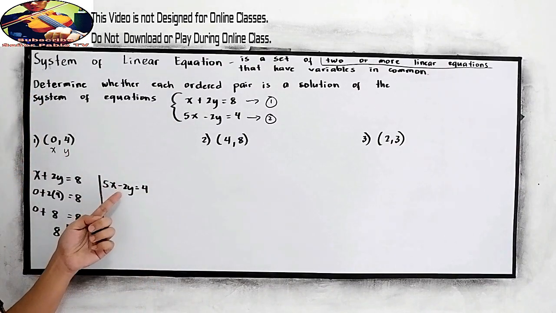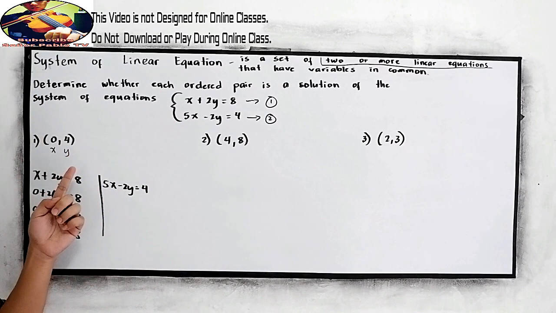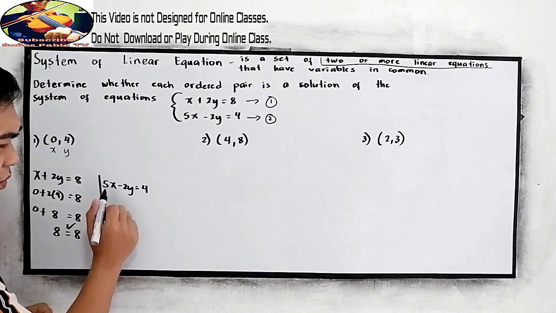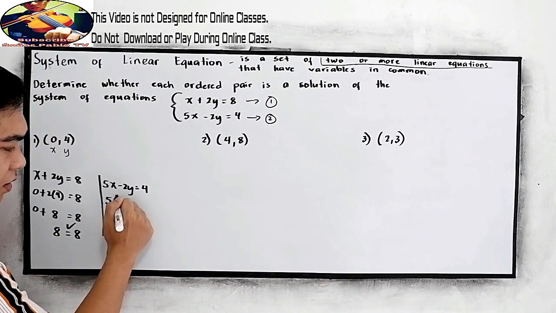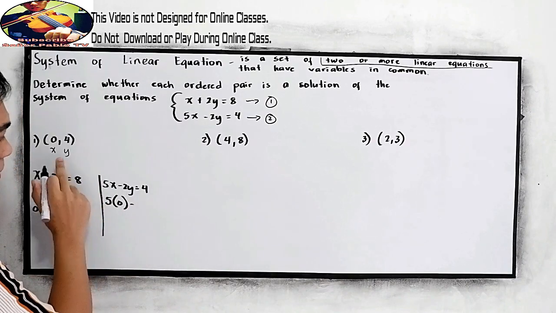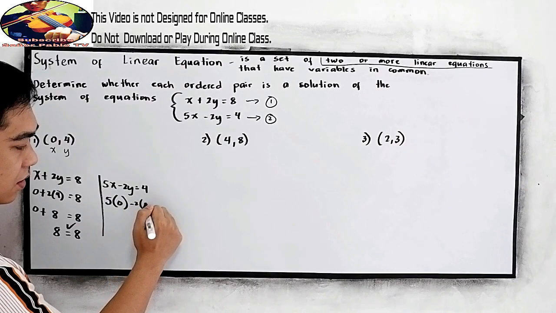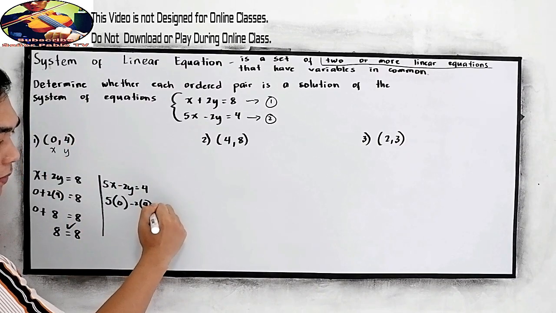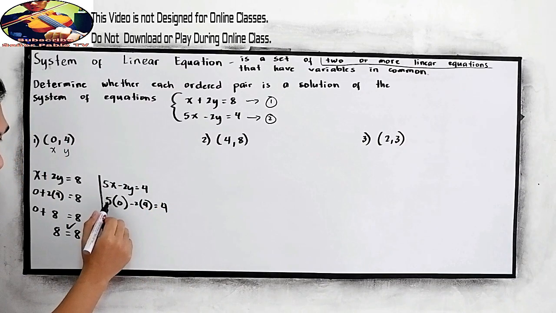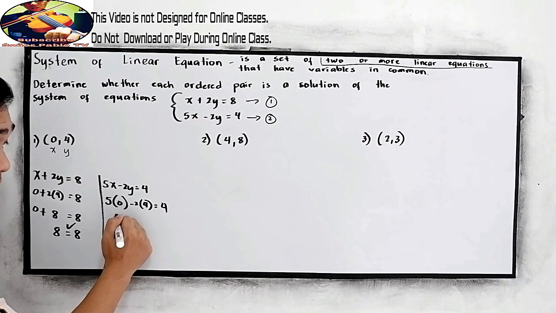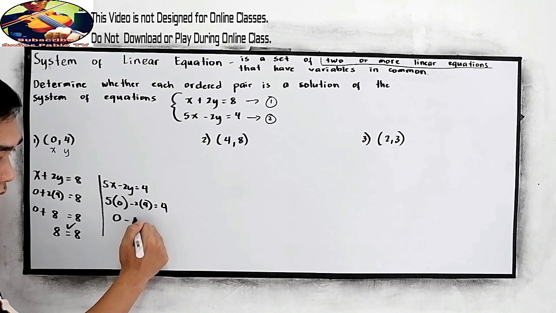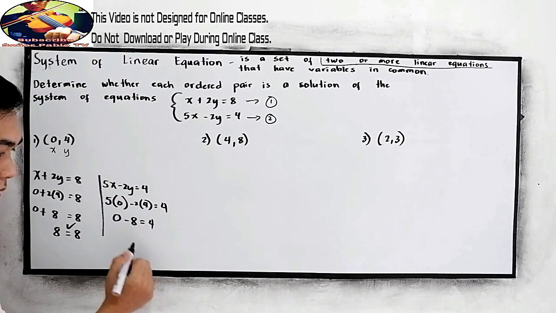Now, let's check the other equation. So 5 times 0, minus 2 times y is 4, is equal to 4. 5 times 0, that is 0, minus 2 times 4, this is 8, is equal to 4.